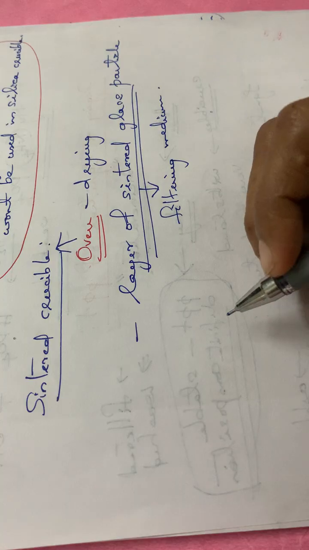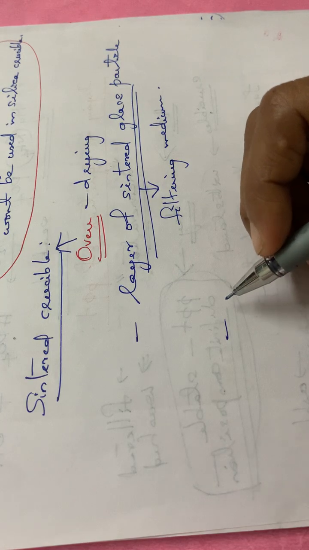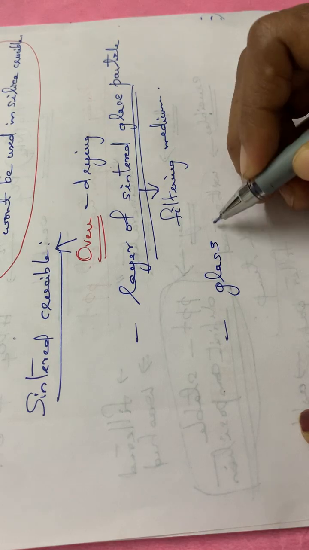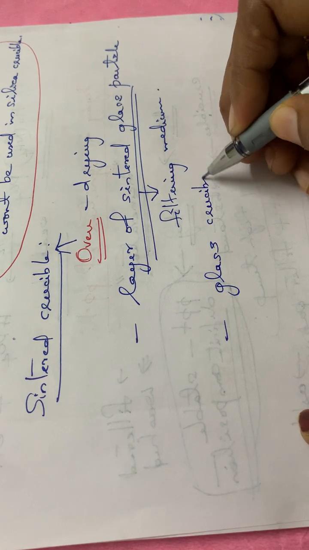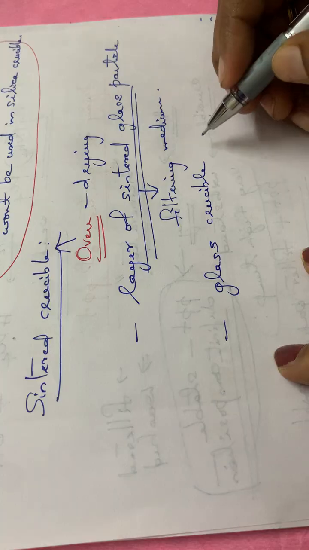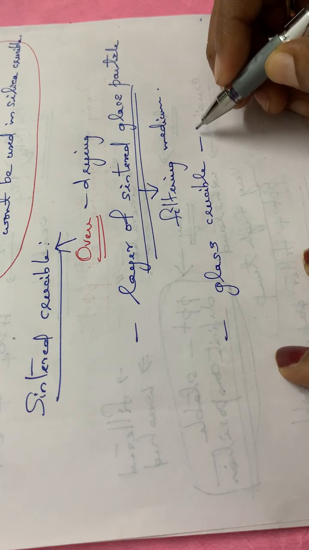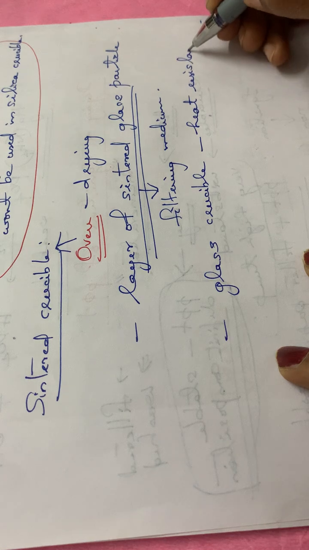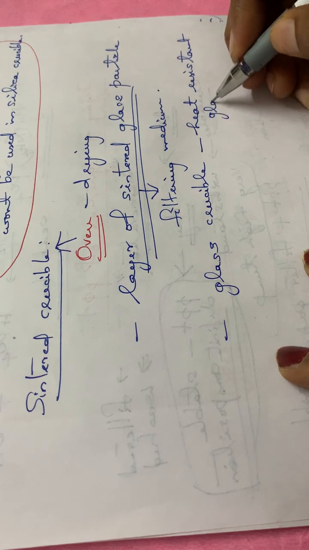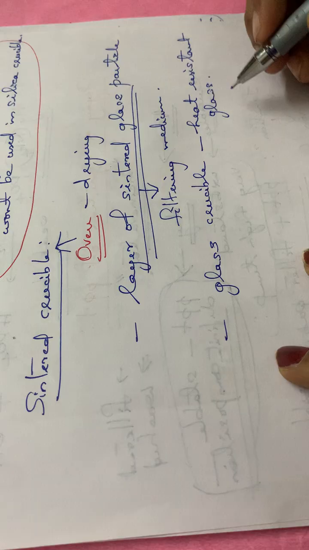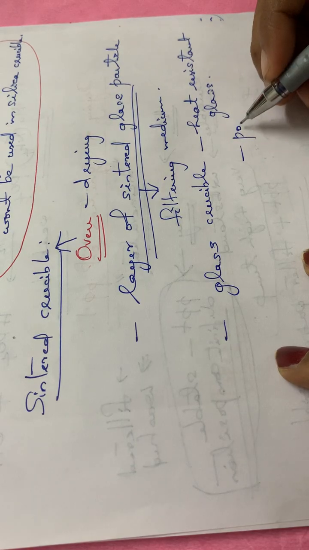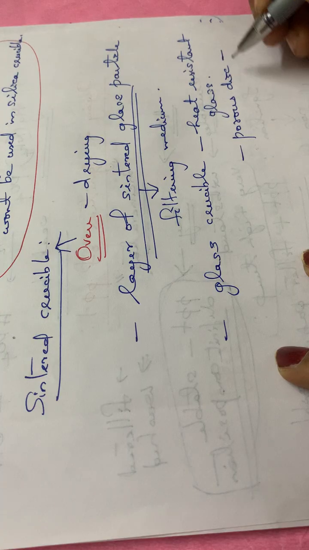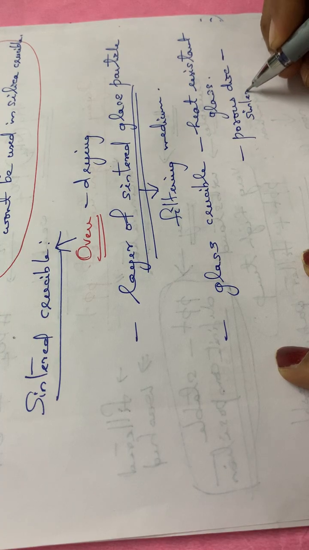And also this sintered crucible is a glass crucible. Sintered crucible is a glass crucible, and usually it is made up of heat resistant glass, and also a porous disc of sintered glass.